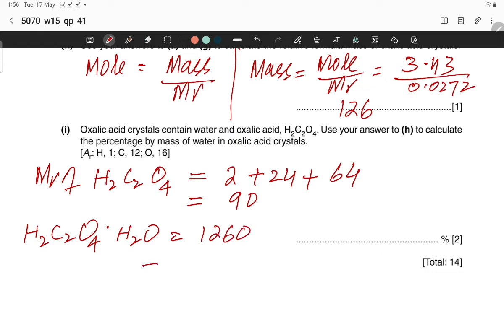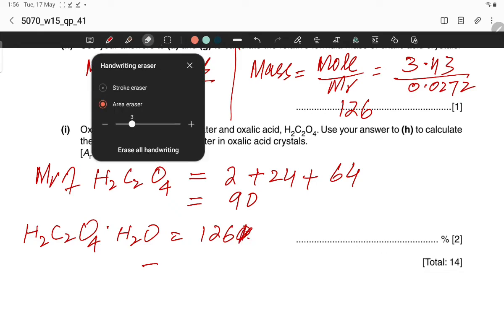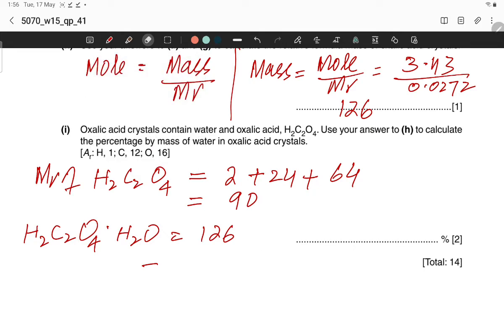So the mass of water is 126 minus 90, which is equal to 36.